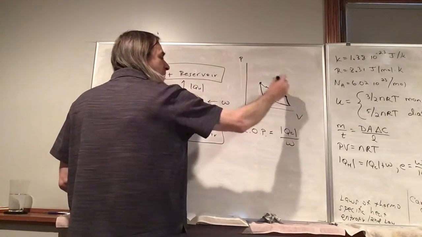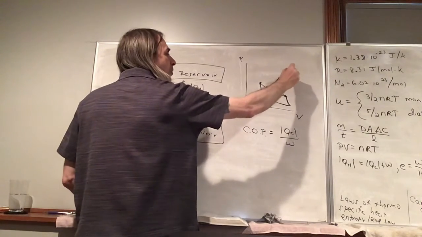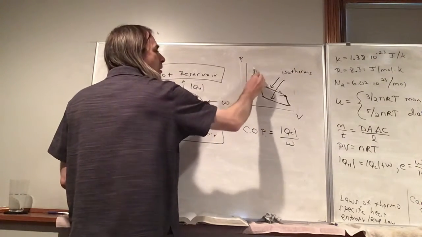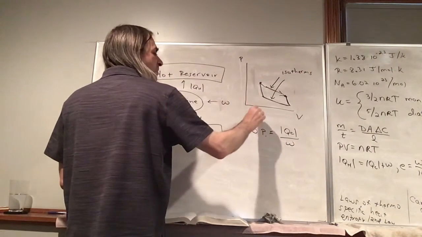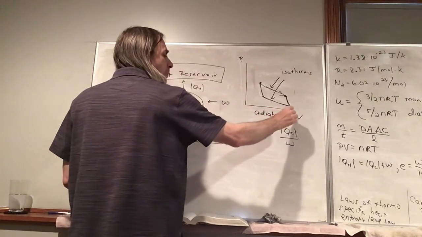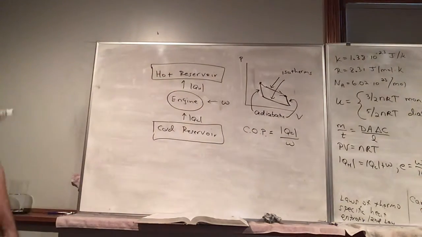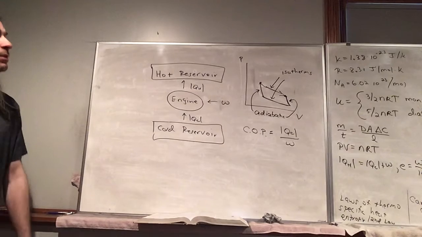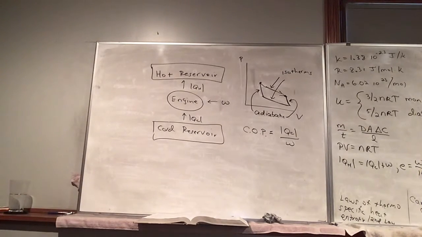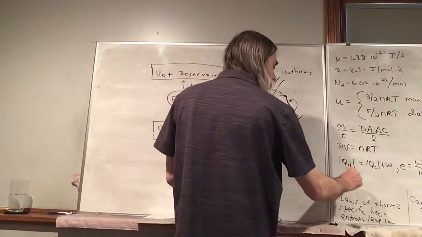Basically, the way it's defined, these are isotherms, and these other ones here are adiabatic. So there are 4 branches to this cycle. 2 of them are isotherms, 2 are adiabatic processes.